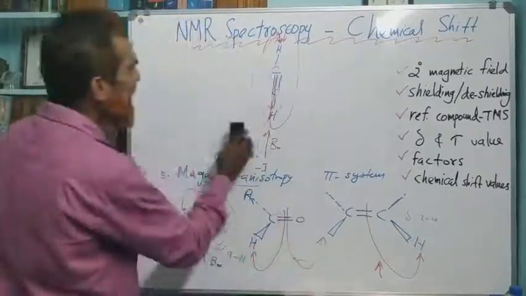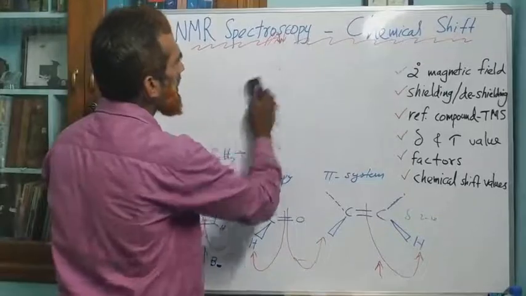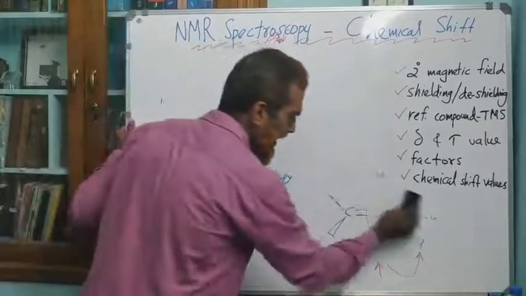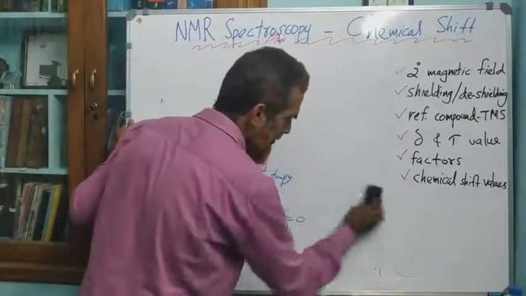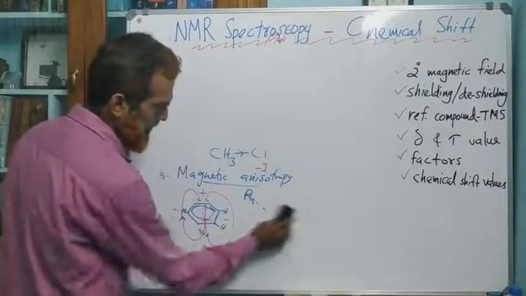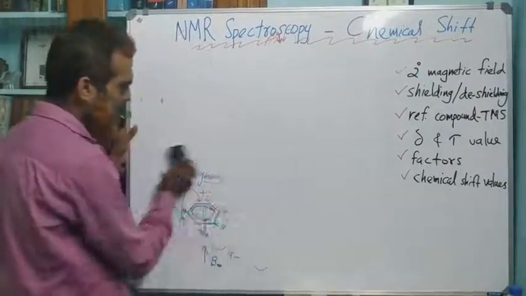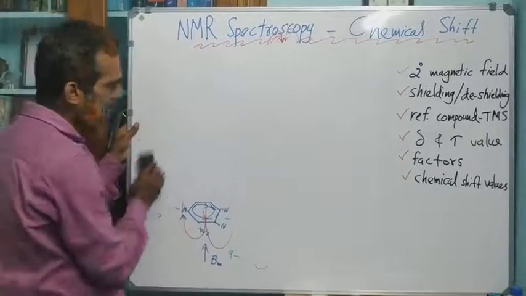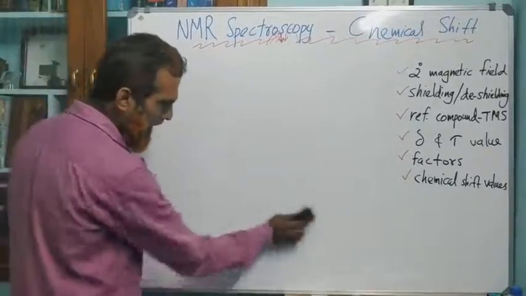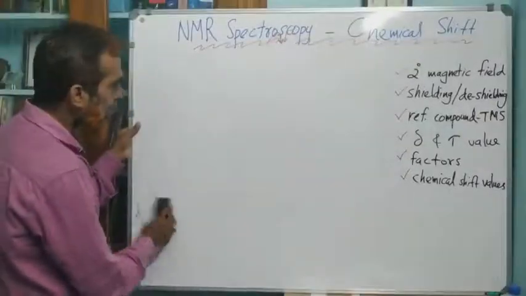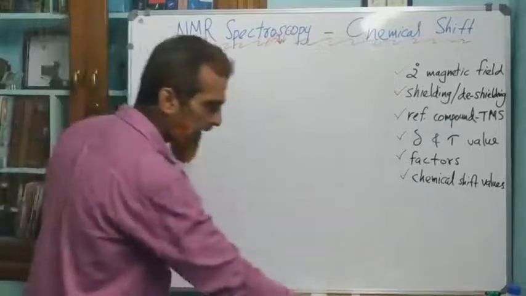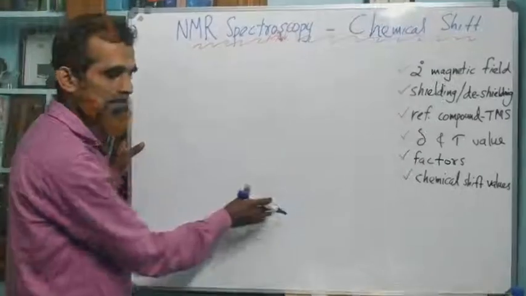However, this factor will make the chemical shift for various types of protons quite different, and we get very distinguishing peaks in NMR. Looking at the chemical shift value, you can guess the type of proton present in your molecule.